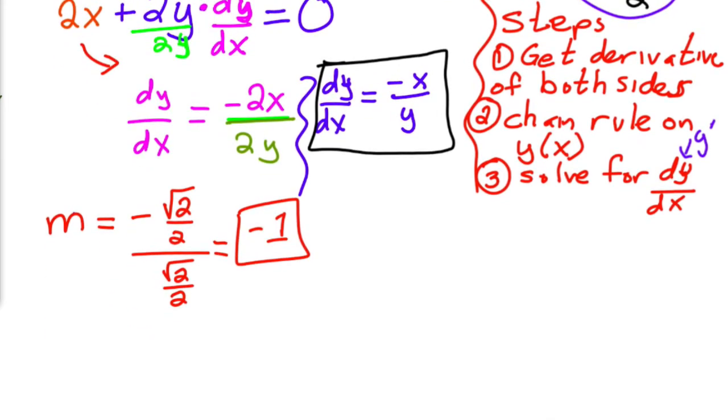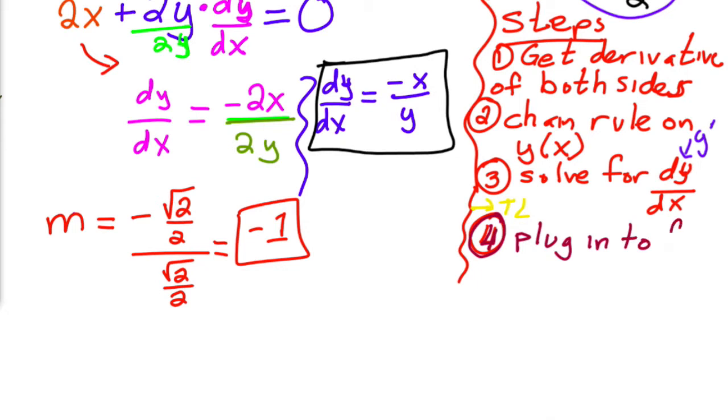So here, step 4, since I'm finding the tangent line, if you're looking for just dy over dx, you would be done. But if you're looking for the tangent line, then we continue with a couple extra steps. What I just did is I plugged it in to find the slope, plugged in my point, and then I'm just going to write down the usual steps.